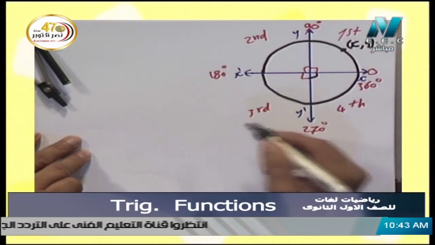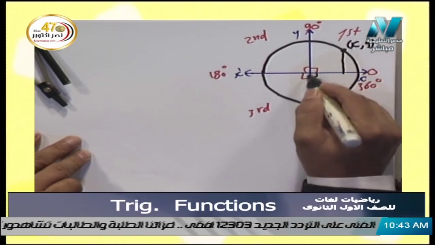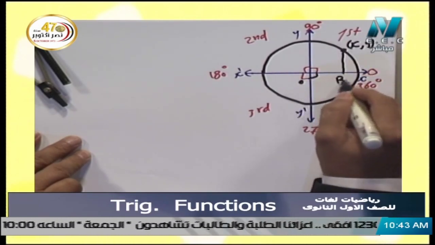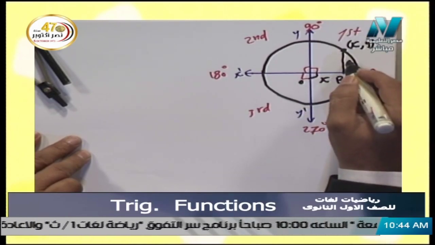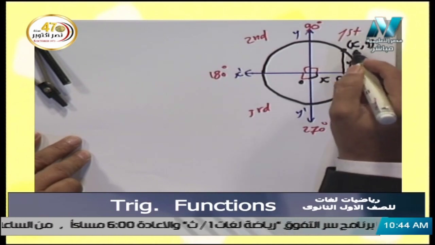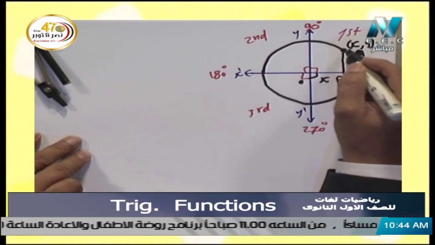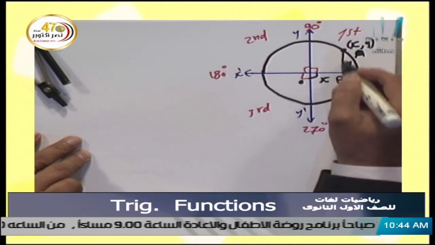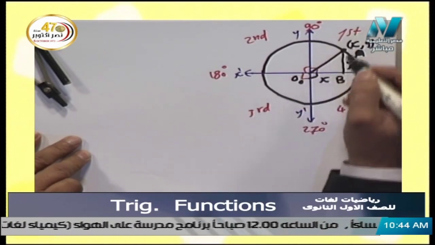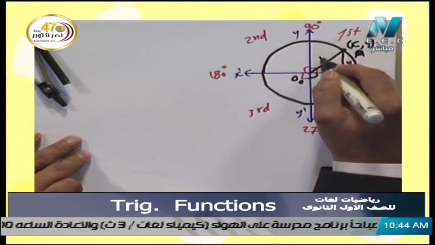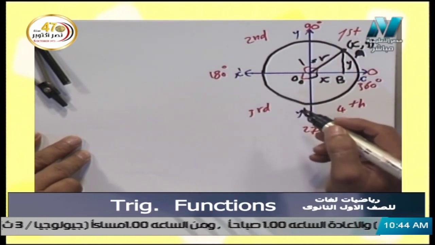What is x? x is this part from the origin to B, for example, and this part is y. If we call this point A, the line segment AB represents y, and OA is the radius, which equals 1 unit because it's a unit circle.